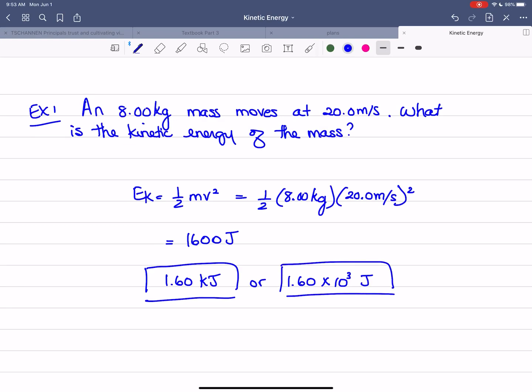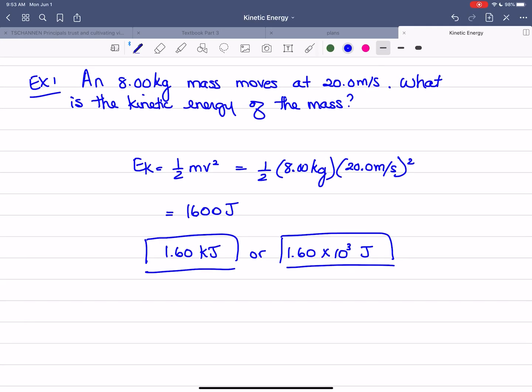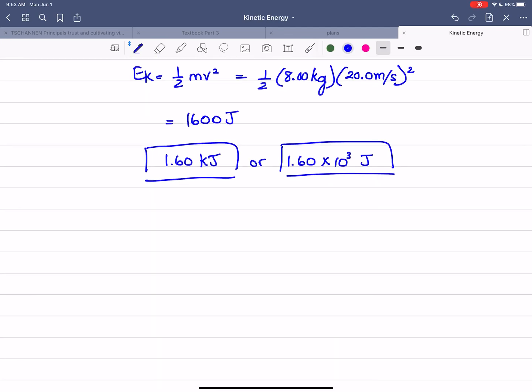Okay, let's try a different question. So this time we're going to have one where we're solving for, let's say, mass. So example 2.